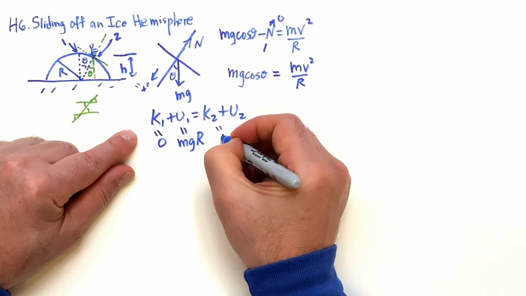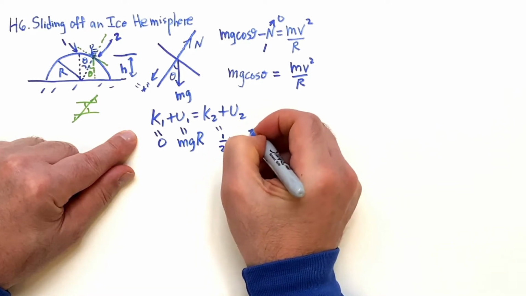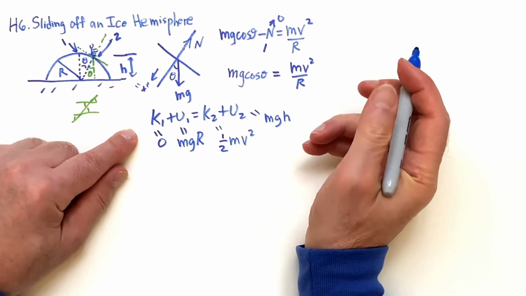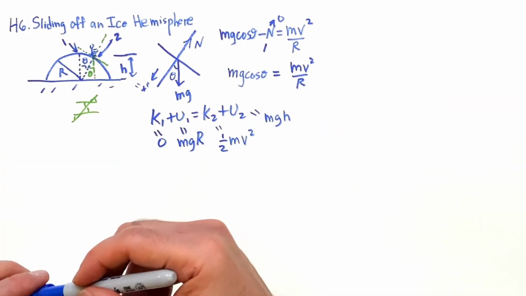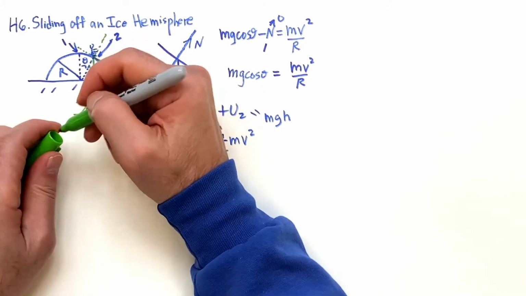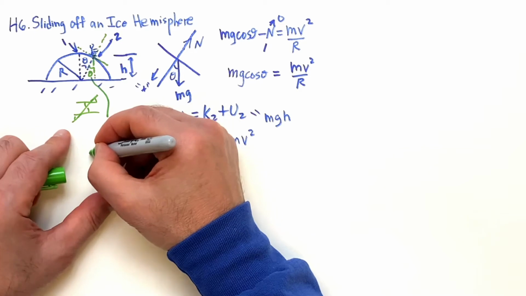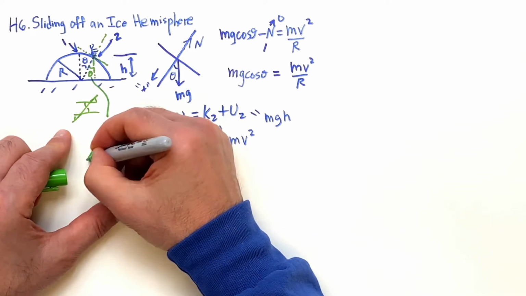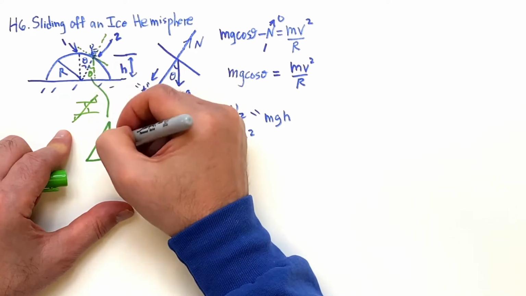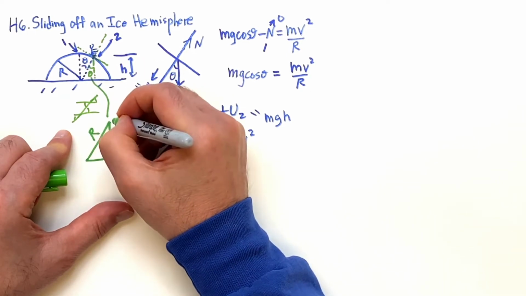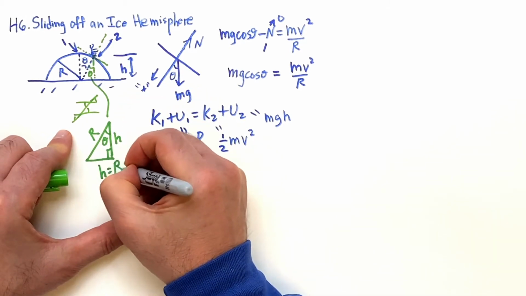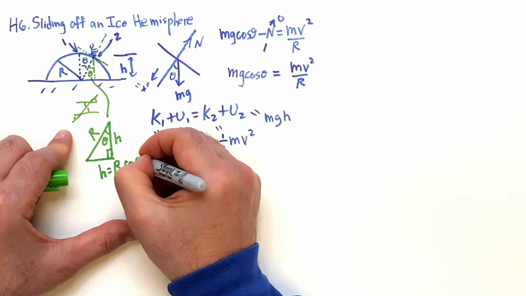Then at the second point, you are moving, 1/2 mv squared, and this is mgh. But I notice that h here, if I take this triangle and just blow it up a little bit like this, this is h. There's your hypotenuse r. There's your angle. So h is r times the cosine of theta.